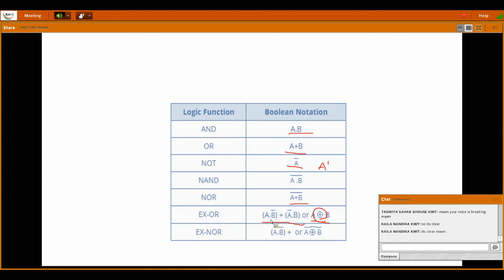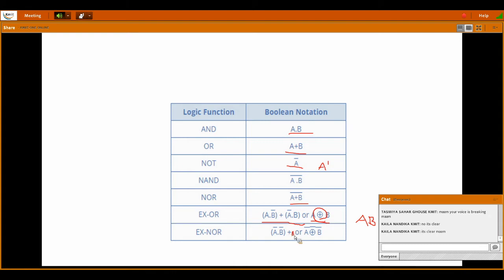Okay, so simply you can also write it as A dot B bar plus A bar dot B, but generally we will not mention this dot. If it is simply written as AB directly, then we understand that an AND operation is being done between A and B. So AB bar plus A bar B is the expansion of this exclusive OR gate logic function, and for XNOR it is A bar B bar plus AB.